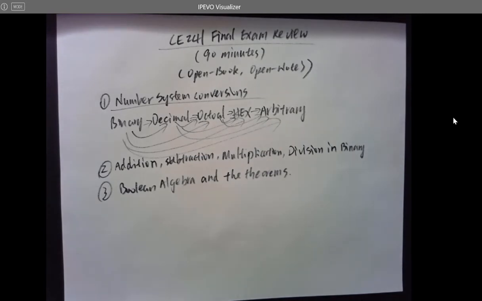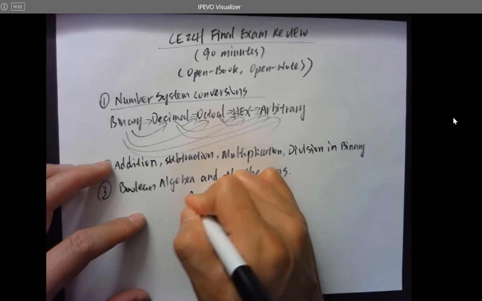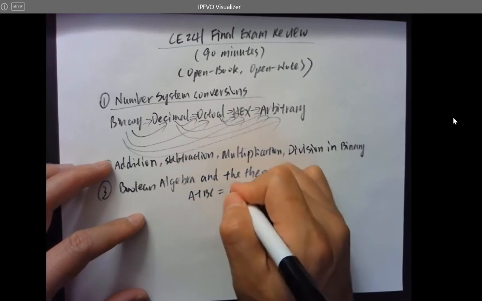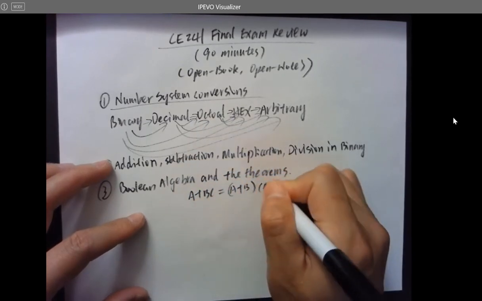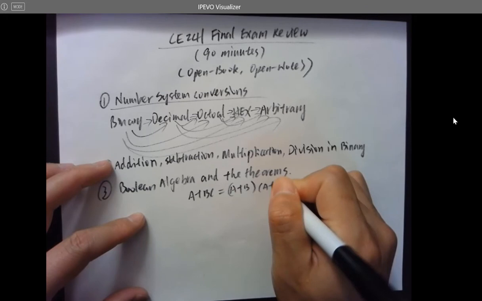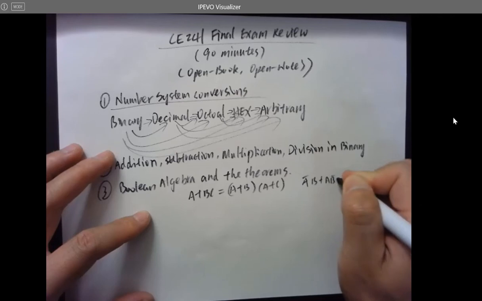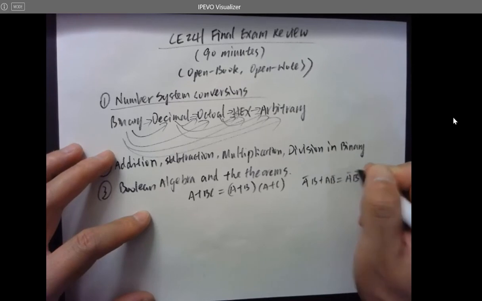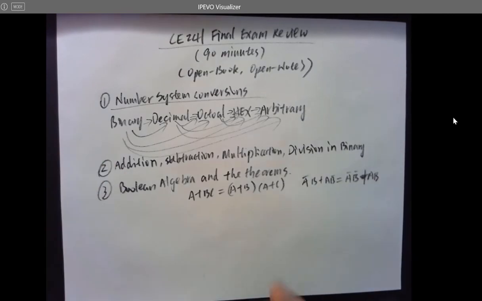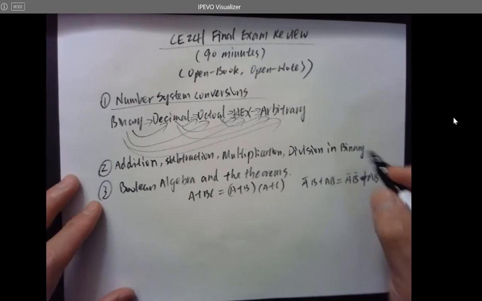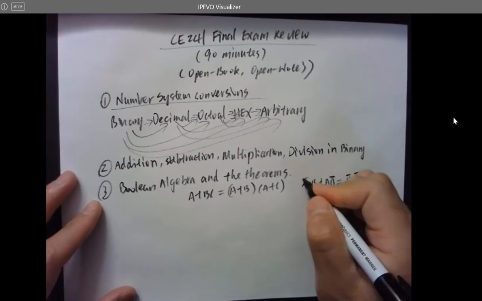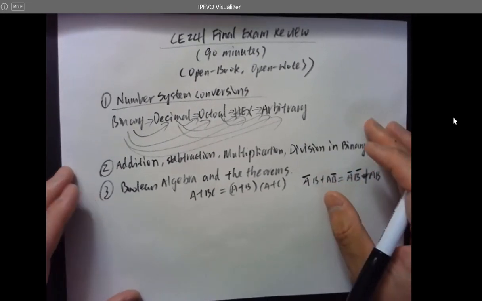It won't be that difficult. The most significant one will be, for example, A or B C equals what? A or B, A or C. How to prove this? Problems similar to these ones, you will probably see on the final exam.